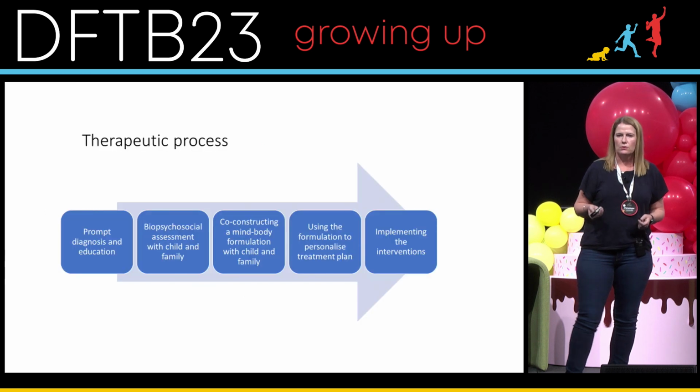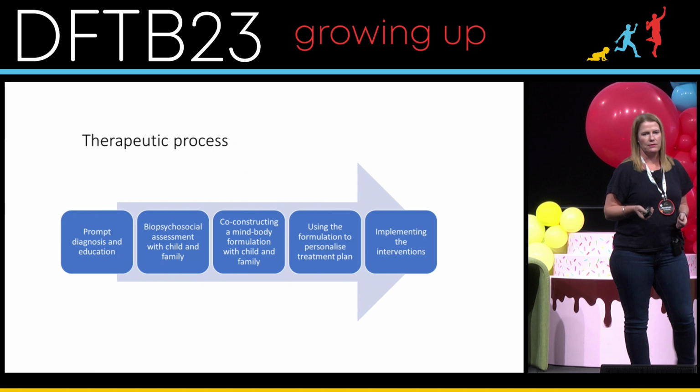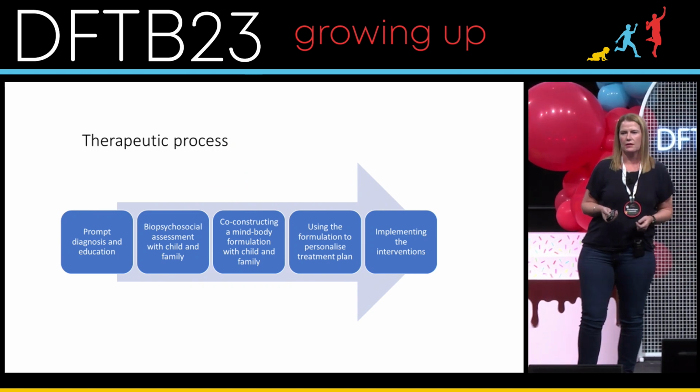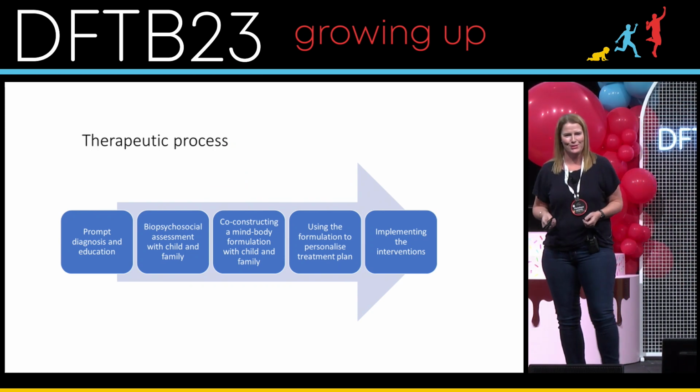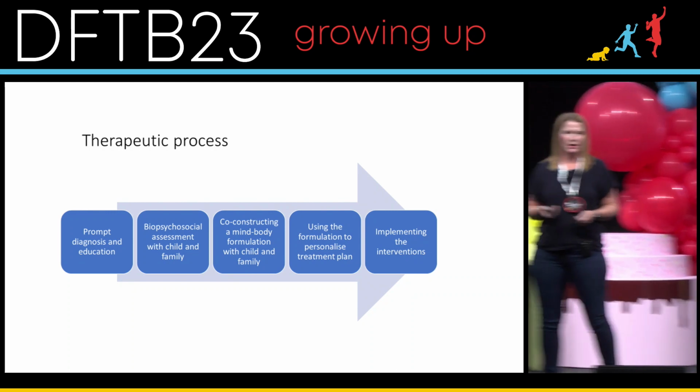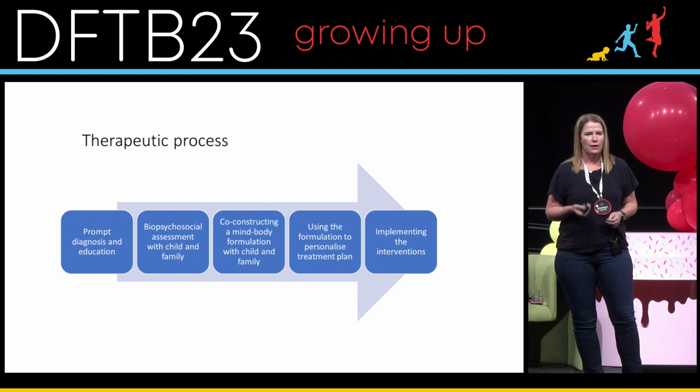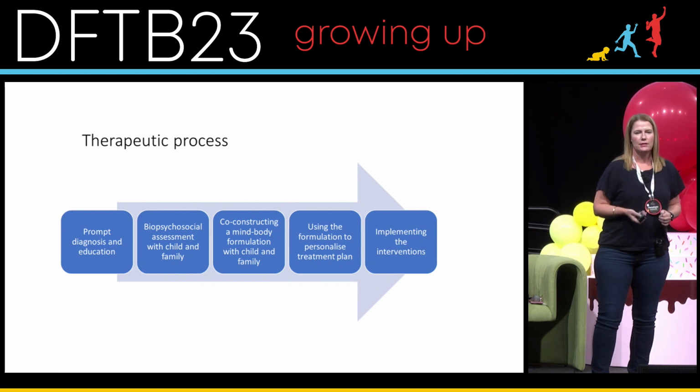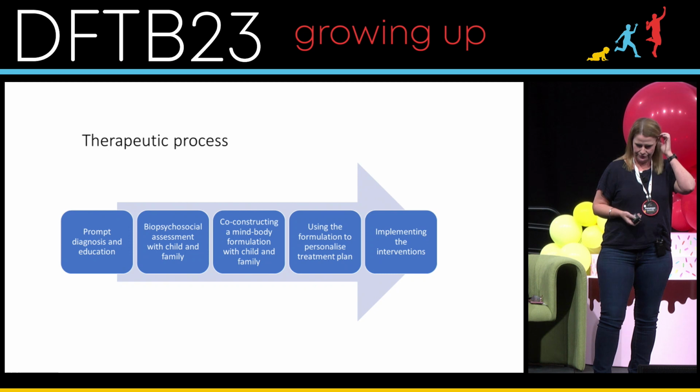I want to quickly talk about a bit of a process in therapy and how we do this, and acknowledge that I now have a lovely multidisciplinary service, but there are elements that I think you can take away and think about how you use this locally. A prompt diagnosis is really important. We want to stop that excessive use of emergency departments and have a quick follow-up in a better outpatient setting.